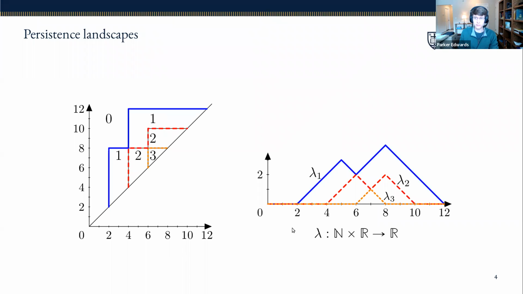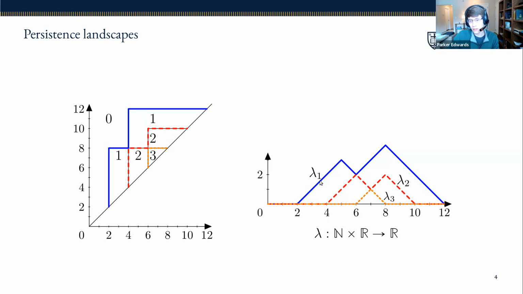Great, I'll leave that there, but for now, to continue telling this story, you might not be surprised with Peter being on this project that we saw this paper come out about Mobius inversion, and we were also thinking about persistence landscapes. So let me remind you briefly that persistence landscapes are something that you associate to a persistence module, and it's a sequence of piecewise linear maps.